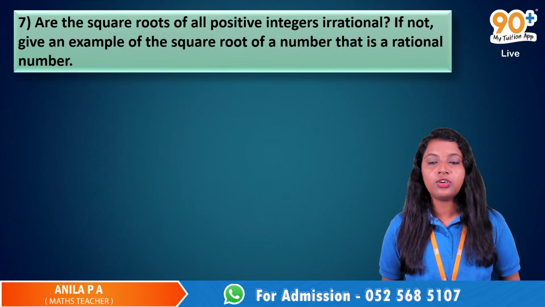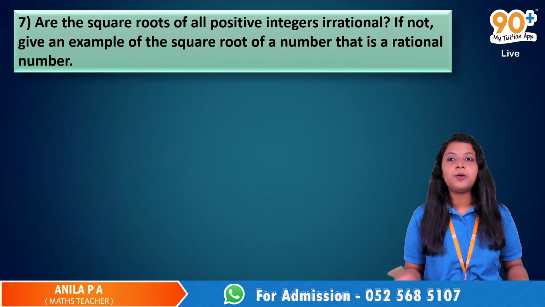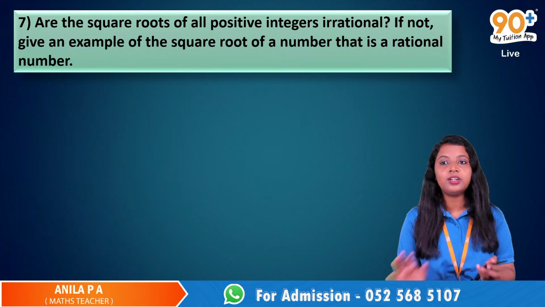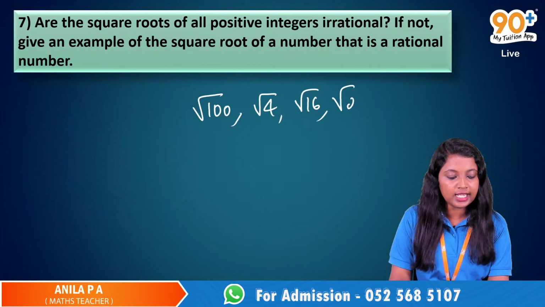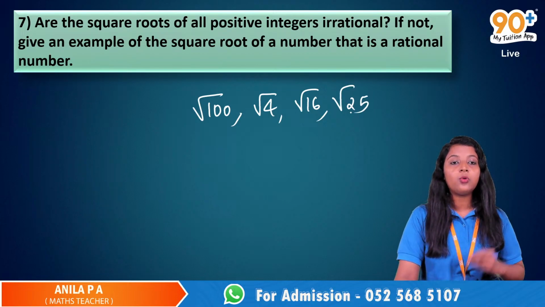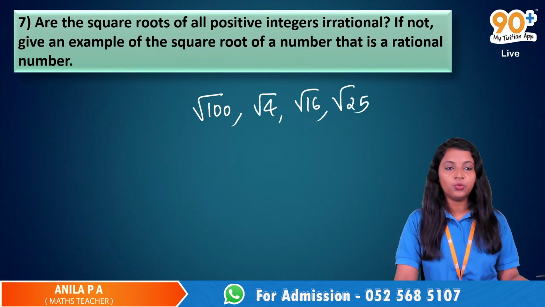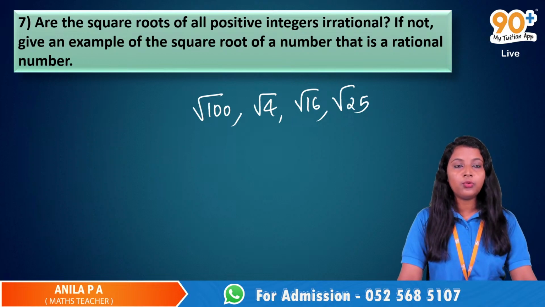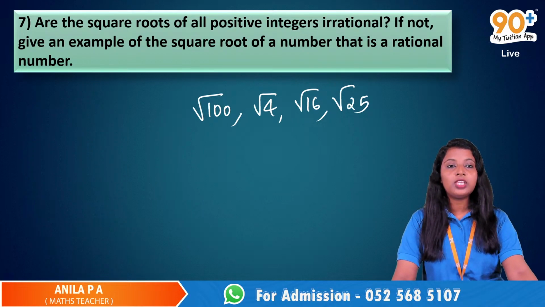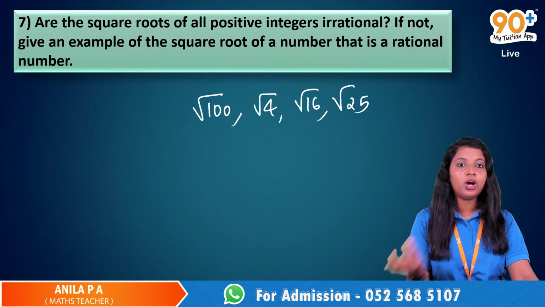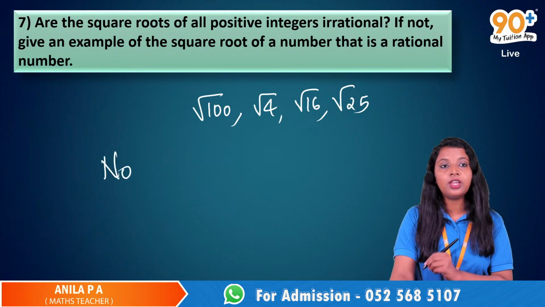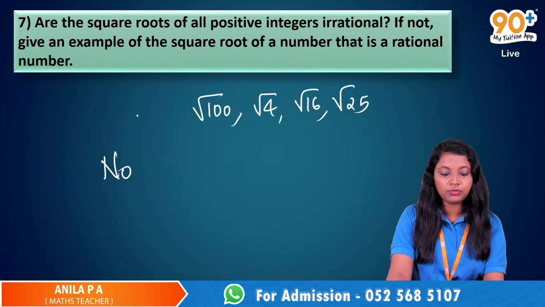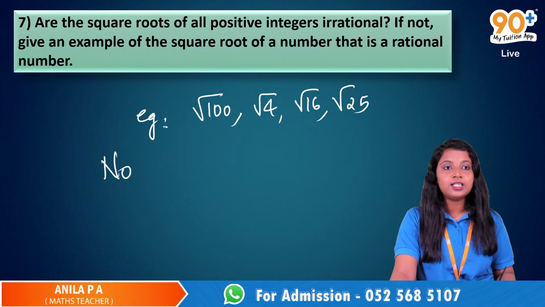Root 100 is positive but it is rational. Root 100, root 4, root 16, root 25, all these are exceptional cases. Root 100 is 10, root 4 is 2, root 16 is 4, root 25 is equal to 5. So they are all rational numbers. So are the square roots of all positive integers irrational? No, they are not. If not, give an example of the square root of a number that is a rational number.